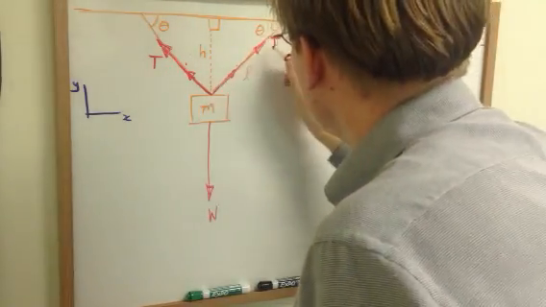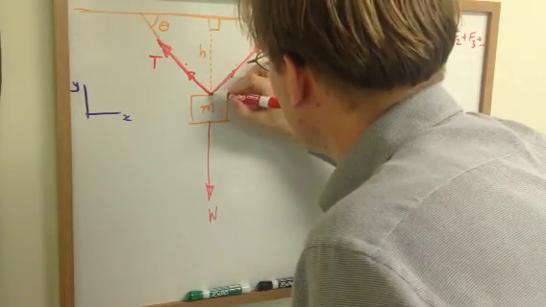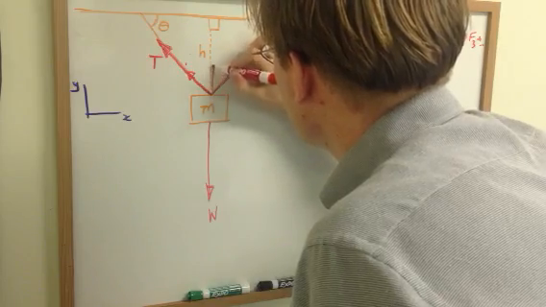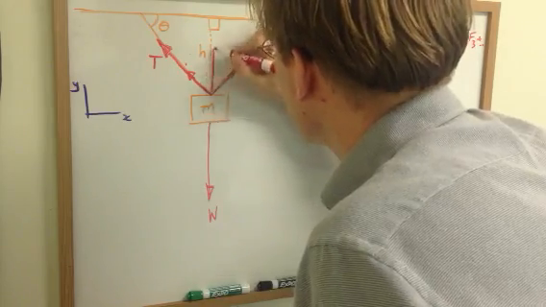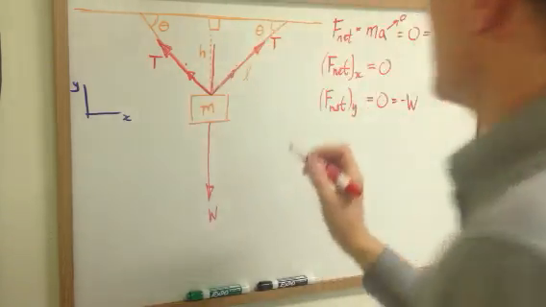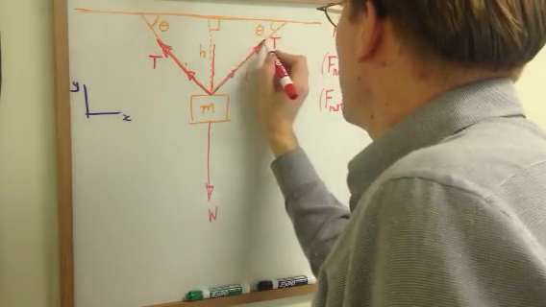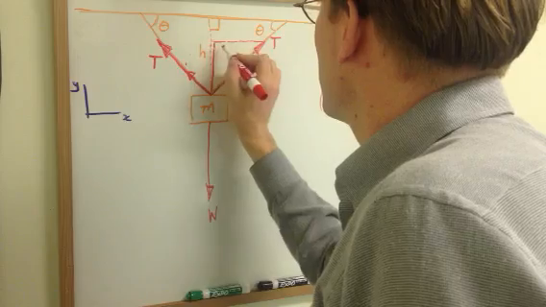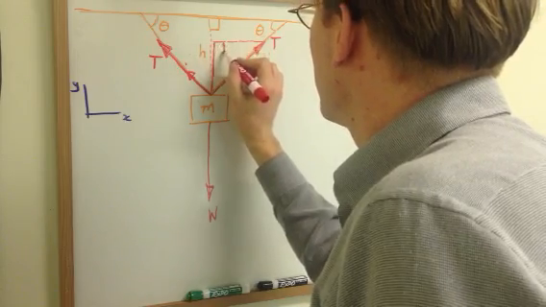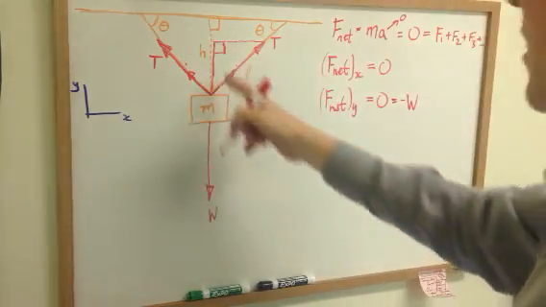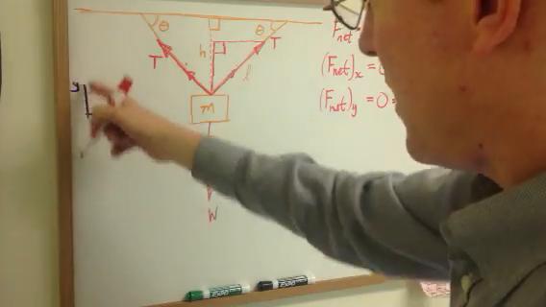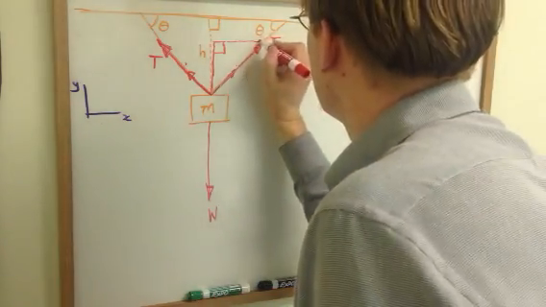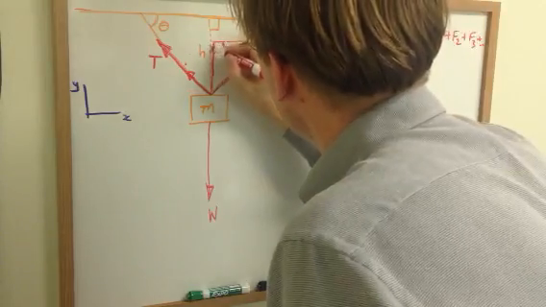So if I want to know how this tension is pulling vertically, I'm going to analyze its contributions, or its component upwards, and I'm going to consider its component sideways. Again, I draw these components parallel to my coordinate system, and then I can label them.